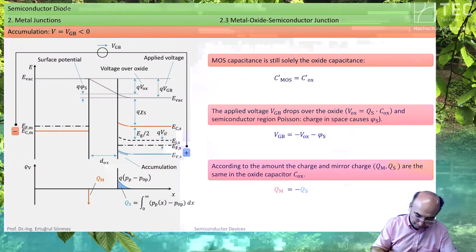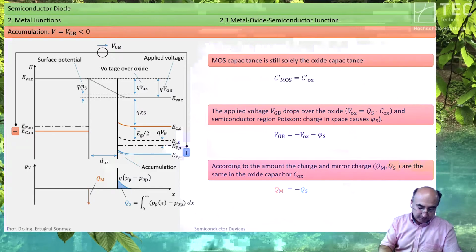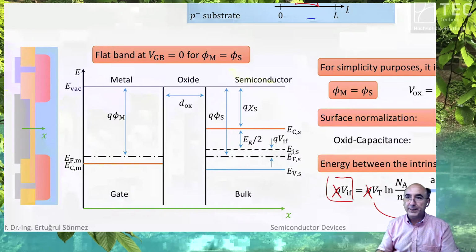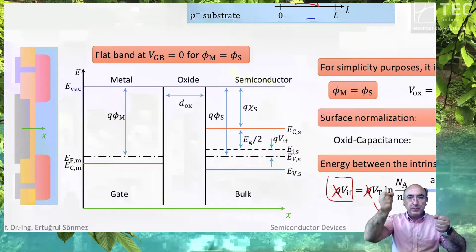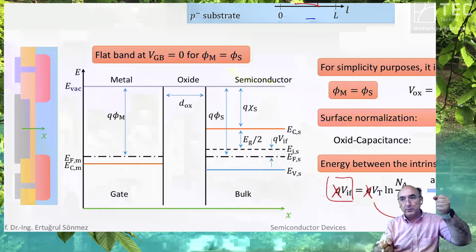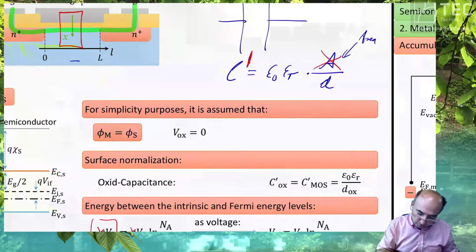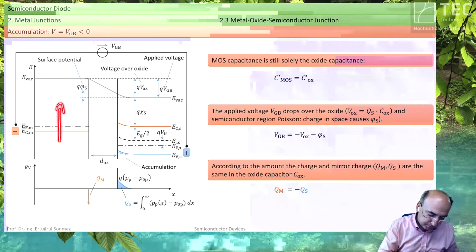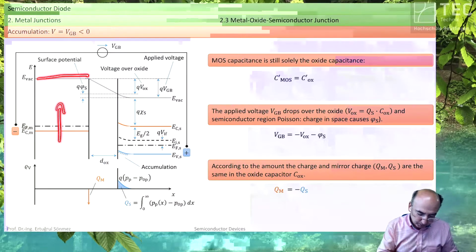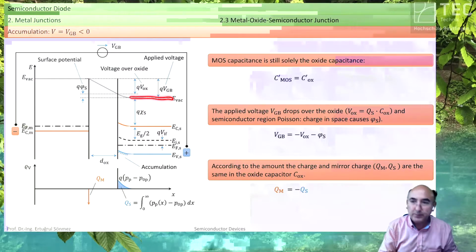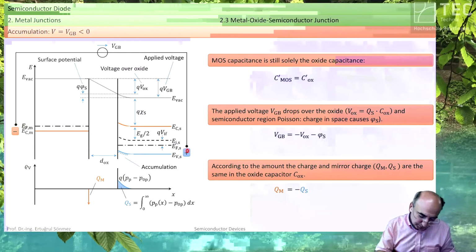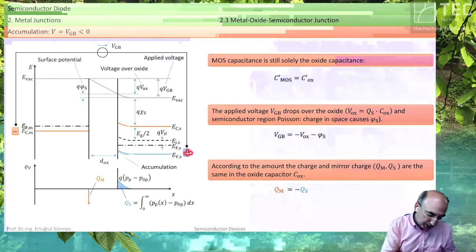Okay, now we have several possibilities to play around with this Venn diagram. We can pull up and pull down. Let's start with pulling up the metal or pulling down the semiconductor. Pulling down is plus, pulling up is minus.